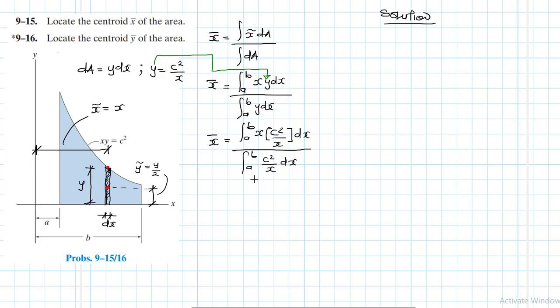Right. We can factor out the constants, and then we do the integration. So this y and x cancel, all right? And then if we are to do the integration there, we only have a constant there. Therefore, integrating that, we have c squared x, integrating from a to b, divided by, what is the integral of 1 over x?